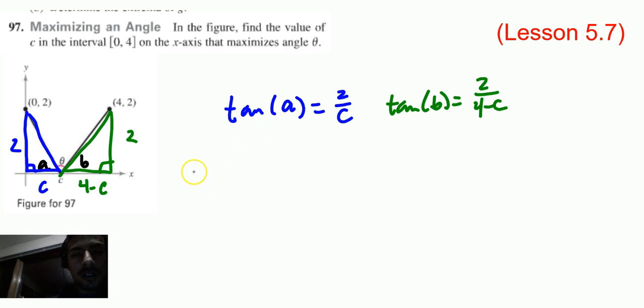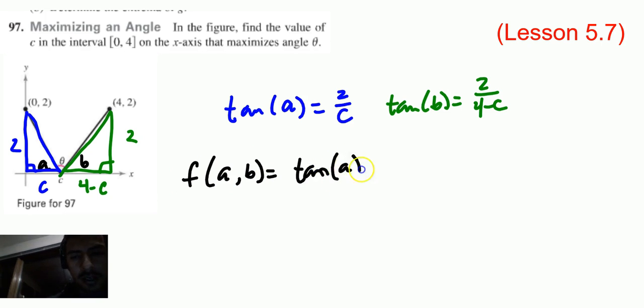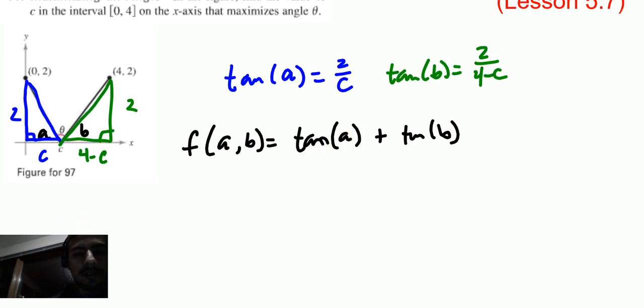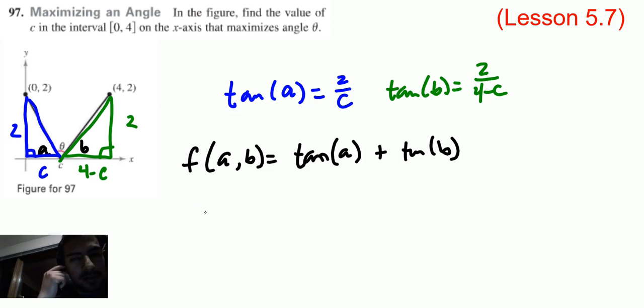So a function in terms of A and B is equal to the tangent of 2 alpha: the tangent of A plus the tangent of B. Since I want these angles to be as small as possible, I want to take the derivative, and the function is equal to 2 over C plus 2 over 4 minus C.